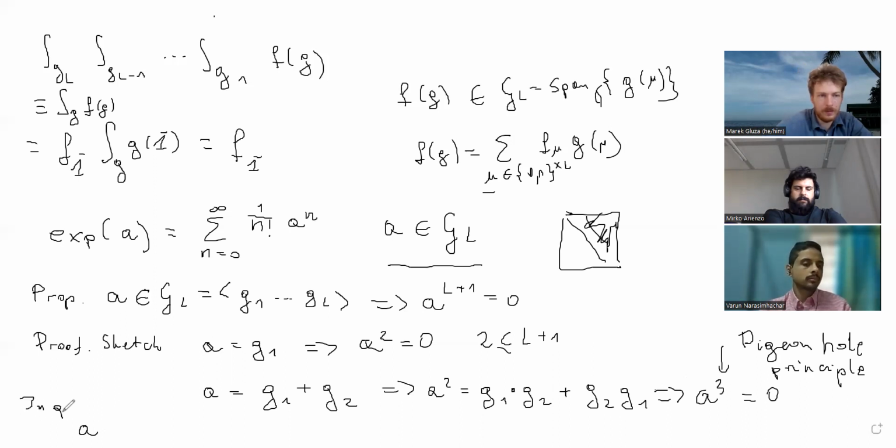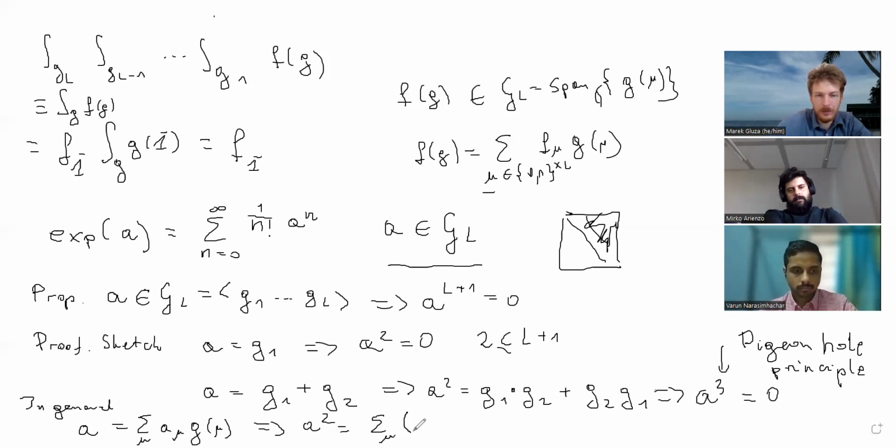Yeah. So now, if we do the general case where we are computing, in general, a will be a sum over mu in the cube, and I will have the coefficients a_mu and g of mu. Now if I start taking powers, a squared, I can again write it as a summation over mu, and then here some restricted summation over nu, with some conditions on mu.